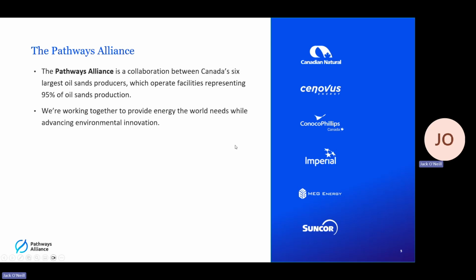Pathways Alliance, the collaboration of Canada's 6 largest oil sands producers, representing about 95% of the oil sands production. We're working together to provide energy the world needs while advancing environmental innovation. That is the Pathways Alliance.